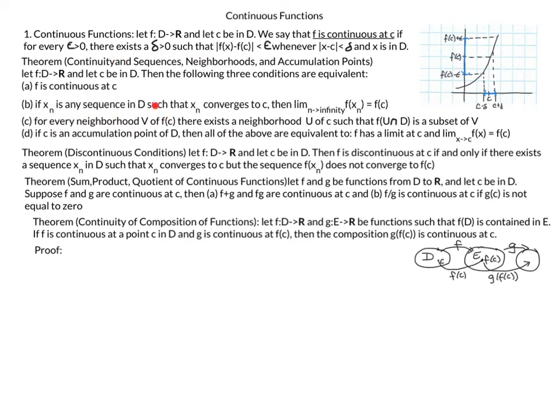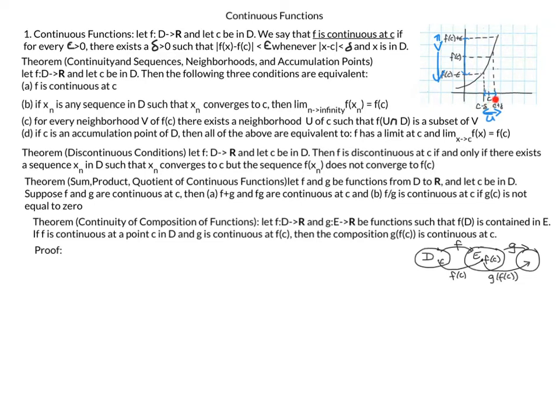So for every neighborhood V of f(c), somewhere right here, there's going to be a neighborhood U of c, down here, such that the image f(U intersected with d) is a subset of V.